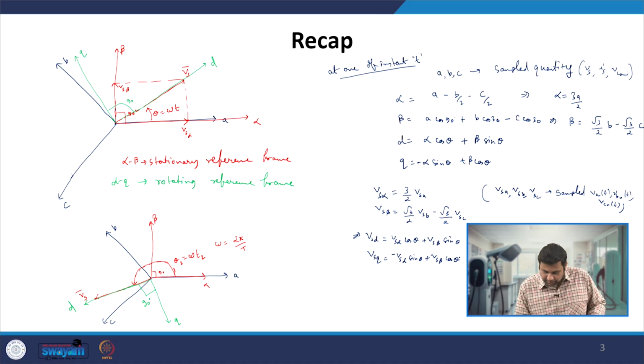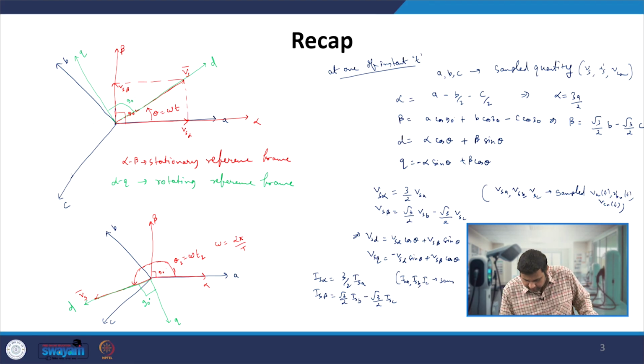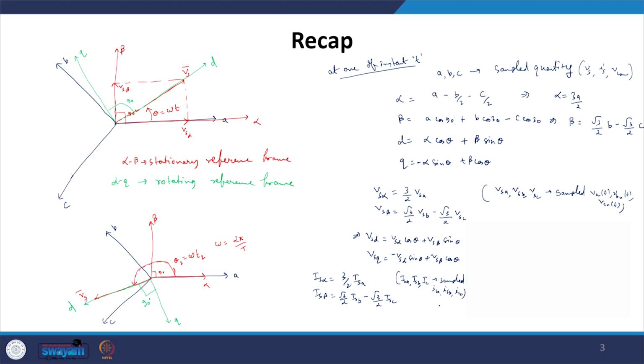We can also sample our Isa, Isb, Isc currents, and then define Is alpha to be 3 by 2 Isa, and Is beta to be root 3 by 2 Isb minus root 3 by 2 Isc, where Isa, Isb, Isc are the sampled currents.